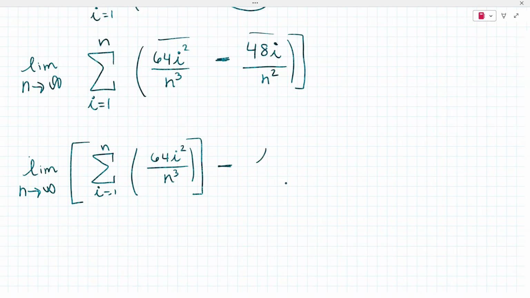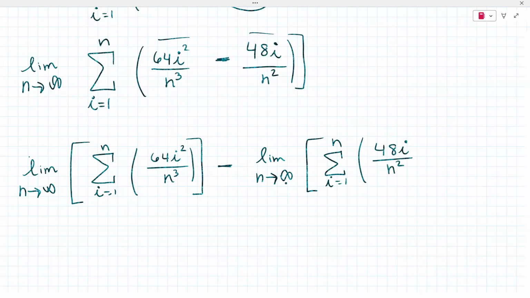minus the limit as n approaches infinity. Then we have to use our rules.